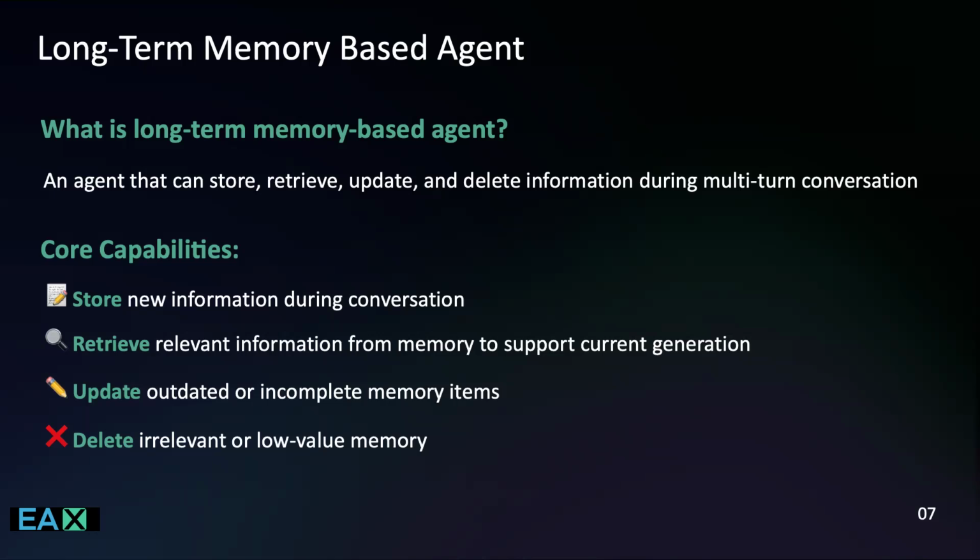Finally, it can delete irrelevant or low value memory. But for the first three, the agent will handle them automatically, while for the delete memory function, the agent will not perform it automatically, but the user needs to explicitly call this function to delete something from the memory.